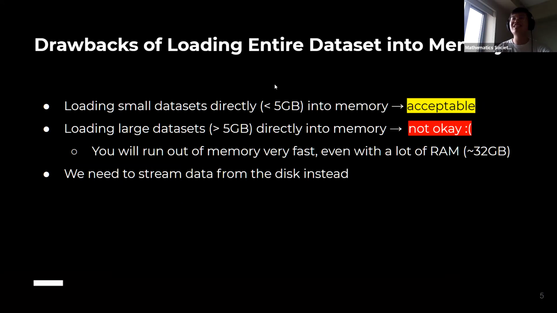Loading a small data set into memory is okay. But if you have something large, like a data set that's bigger than 5 gigs, you'll see that you run out of memory really fast, even with a lot of RAM.